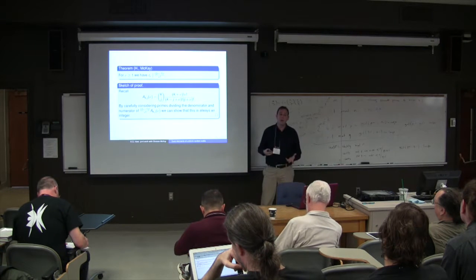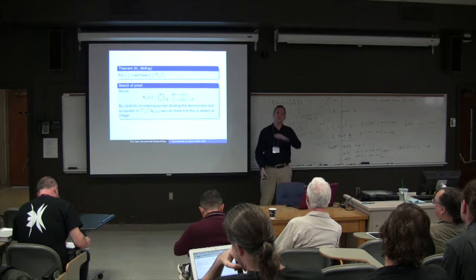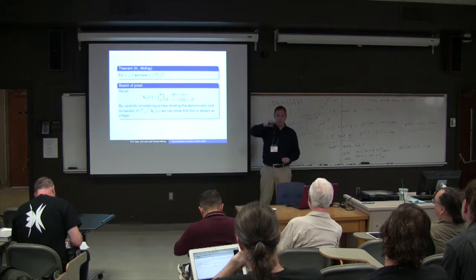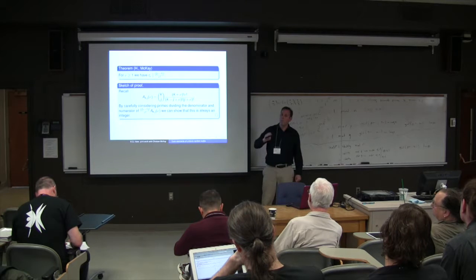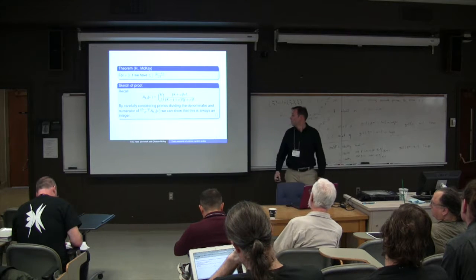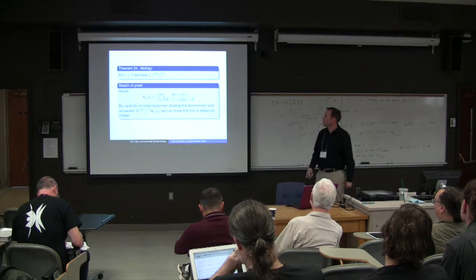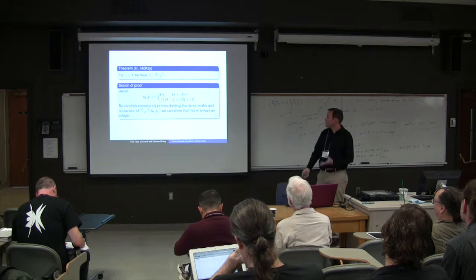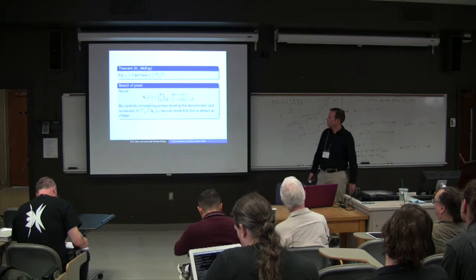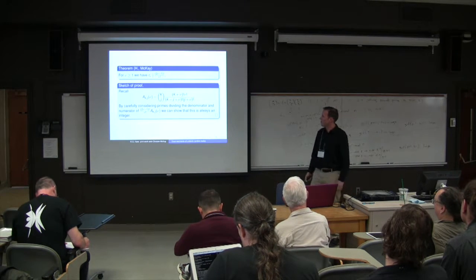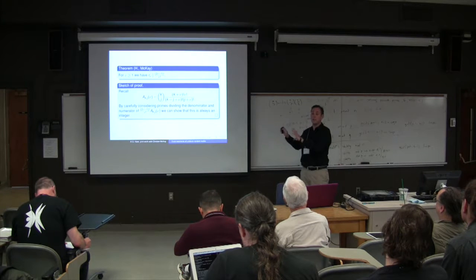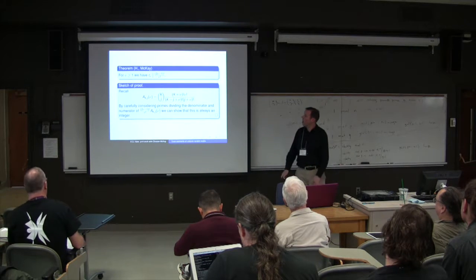I do a very careful analysis on primes. Any prime in the bottom that occurs to a certain number of powers is going to occur at least that often in the top, possibly more. So you just do a very careful analysis on the primes dividing the denominator and the numerator to show that this is an integer. That's a very quick sketch of something that was a lot more detailed and a lot more annoying to do.